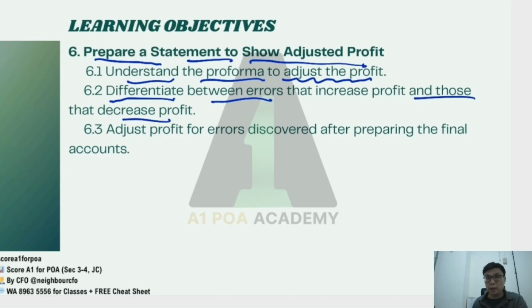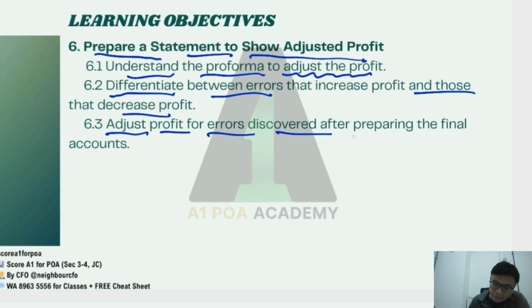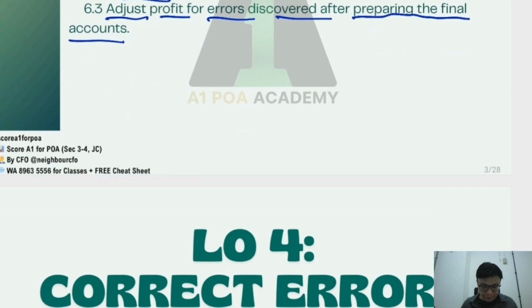And all this, we can once again have a quick reference point from the table, and thereafter we will be able to apply the correction accordingly. Adjust profit for errors discovered after preparing the final account. So let us now dive in.